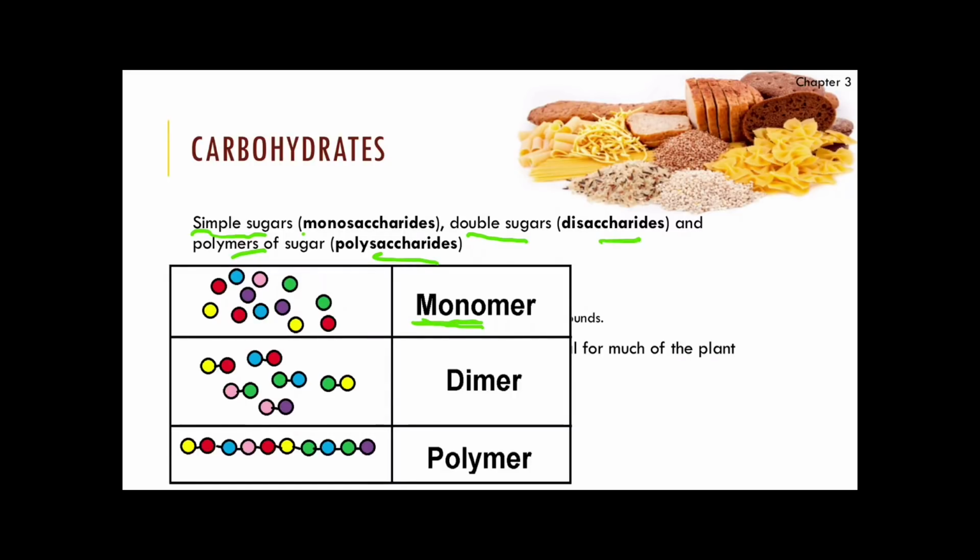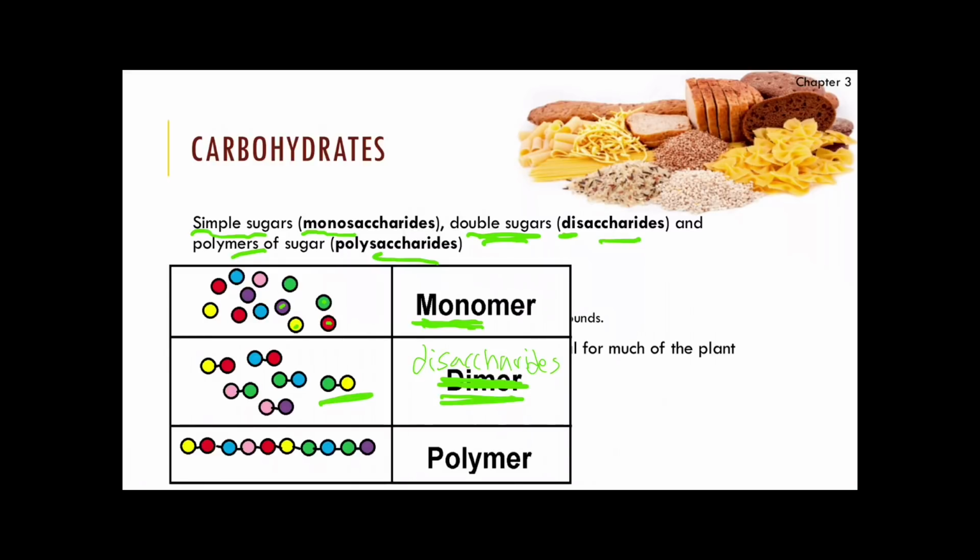So monosaccharides, mono means simple sugars. Glucose, fructose. With double sugars, disaccharides, which are dimers, okay? That means double sugar.